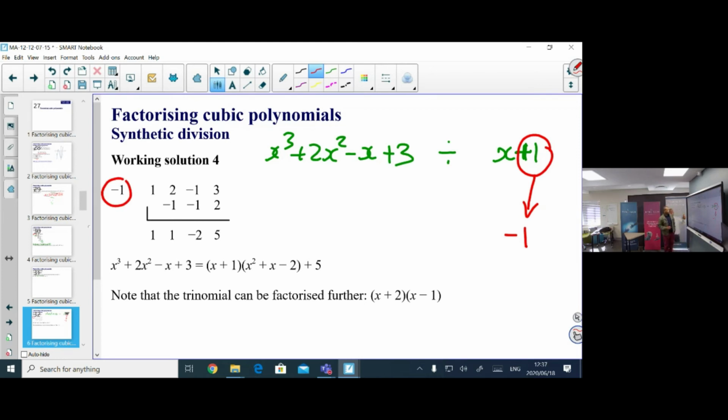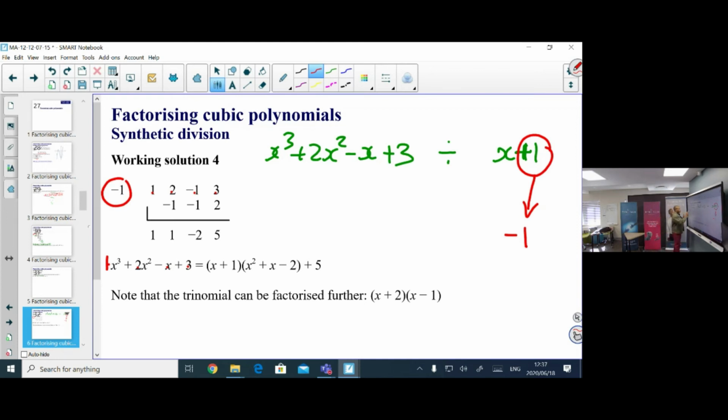And then that's the number you're going to multiply with to get this. So generally how it goes, you write your constants. So remember here there is a 1. So that's the 1 here. Then 2, minus 1, 3, from your original mother expression that is being divided.